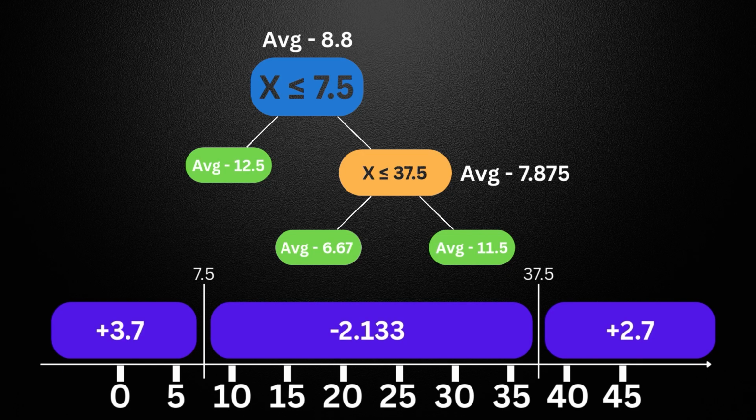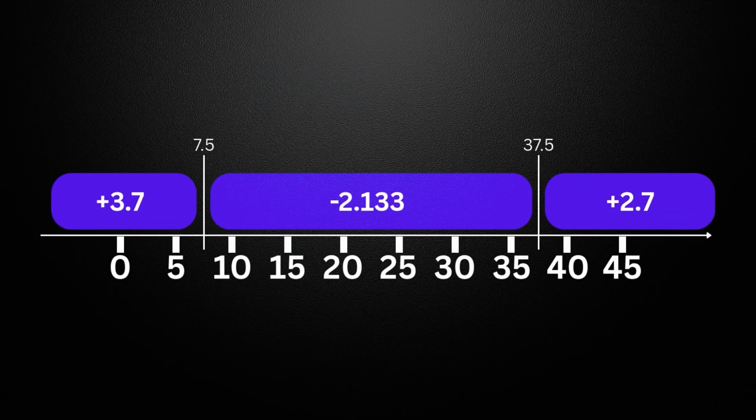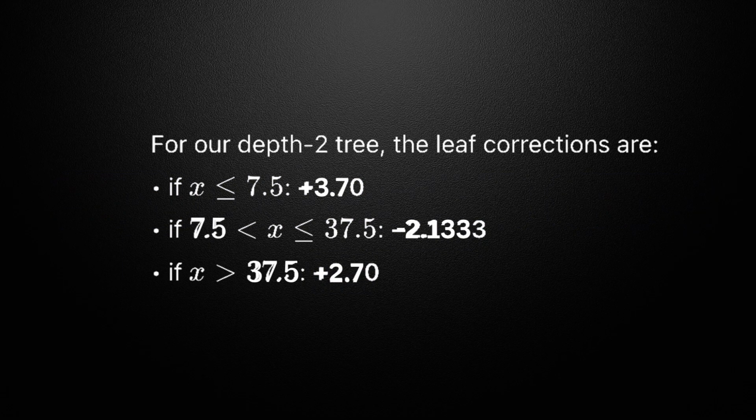For our depth 2 tree, the leaf corrections are shown here, and you can see how it traverses this tree to calculate the final value. This calculation we went over is the no shrinkage version, where each tree's correction is added at full strength.